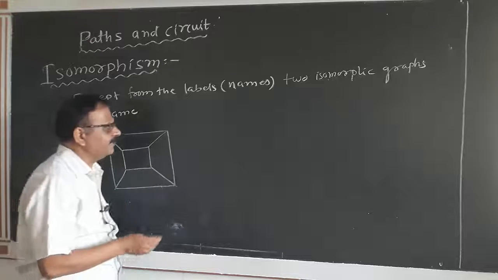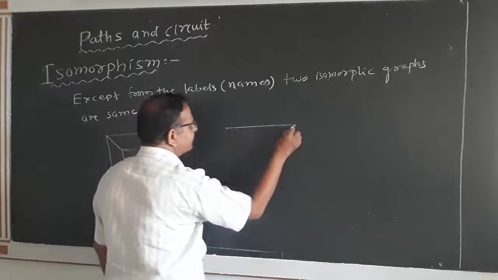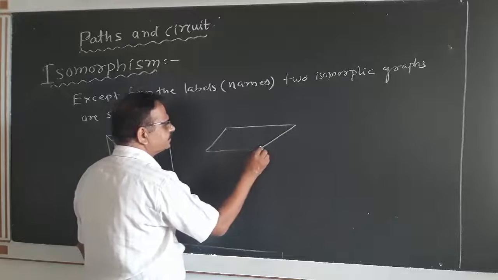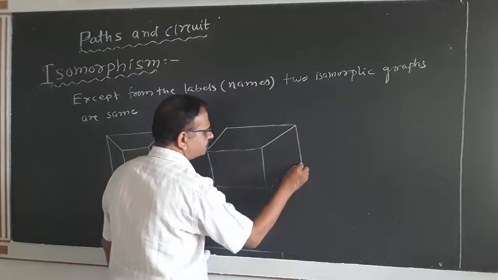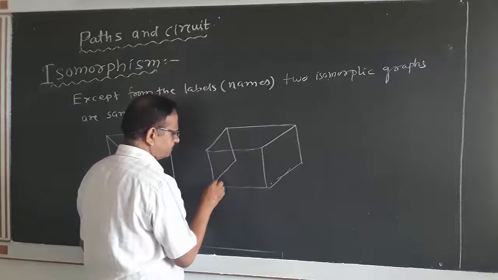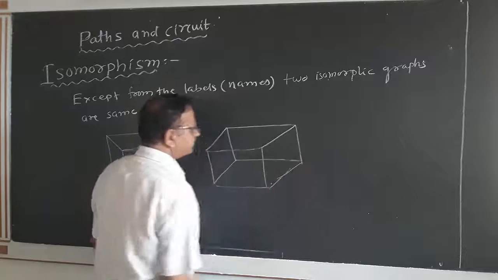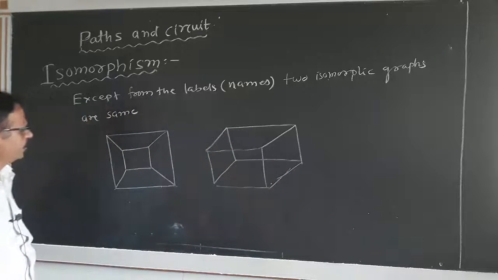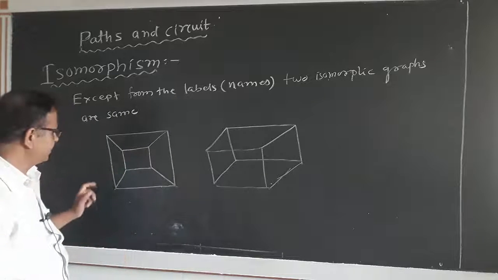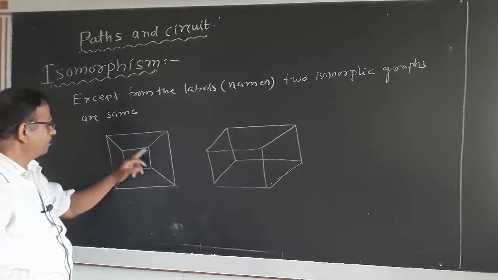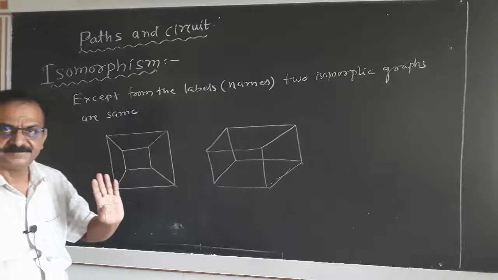I don't give it labels. And this is another graph. Both graphs have 8 vertices and 12 edges.